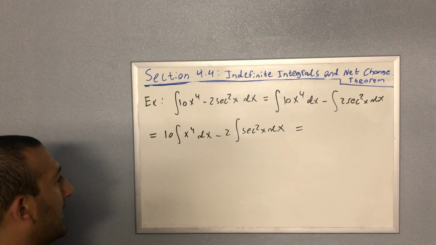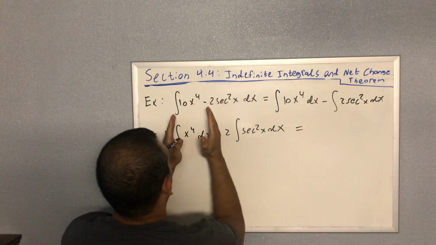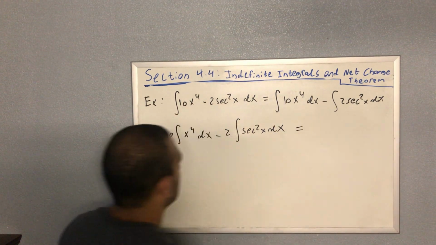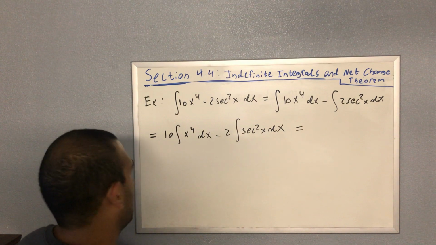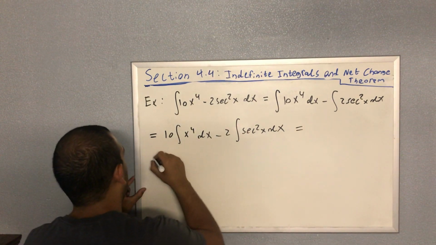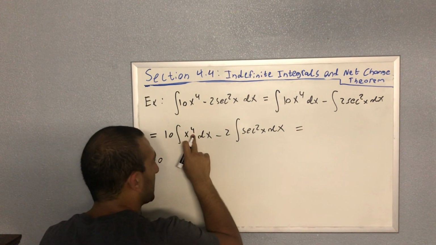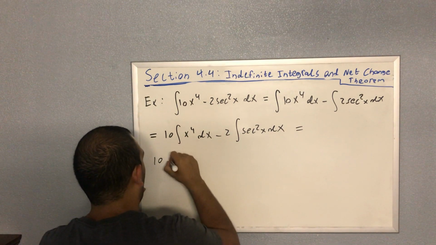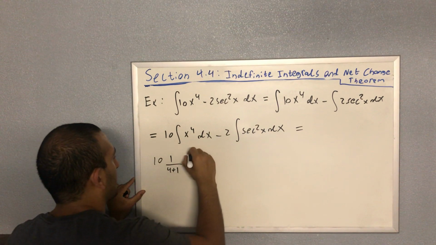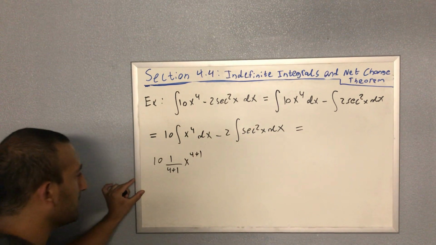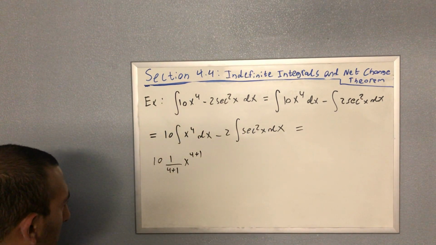Okay, and then now these guys here, just this one and this one, we've talked about how to find the antiderivative. So this here, n in this case is 4, so we get 1 over 4 plus 1, remember n plus 1, times x to the 4 plus 1. That's the power rule.